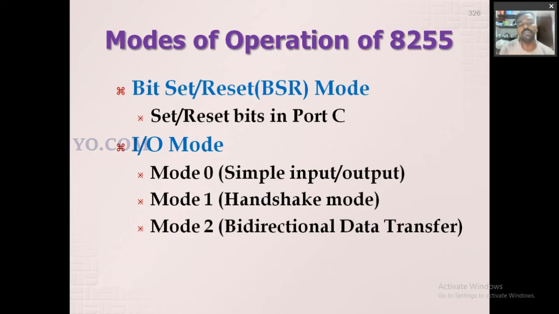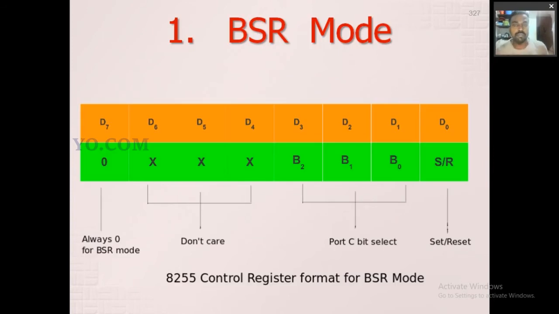First we are going to see BitSet reset mode. In BitSet reset mode, BSR mode, this is the control word register. Here D0 is allocated for set or reset. If it is 1 means set, if it is 0 means reset. D1, D2, D3 are used to select the port C bit, and D4, D5, D6 are don't care.